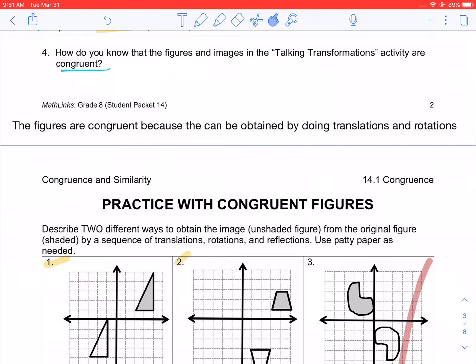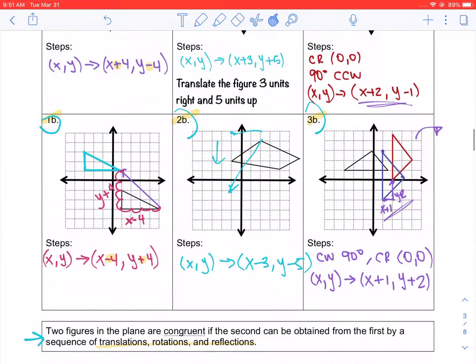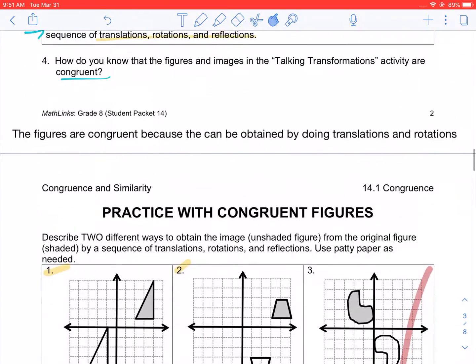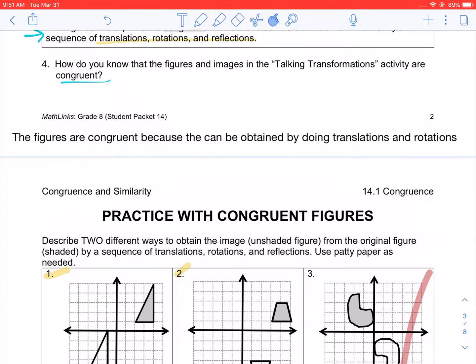So we do say they are congruent when two figures can be obtained through a series of translations, rotations, and reflections, because we're not modifying the angles, we're not modifying the length, we're just taking the figure and keeping it the same. That's why these three transformations are called rigid transformations, because what they produce is the same figure.